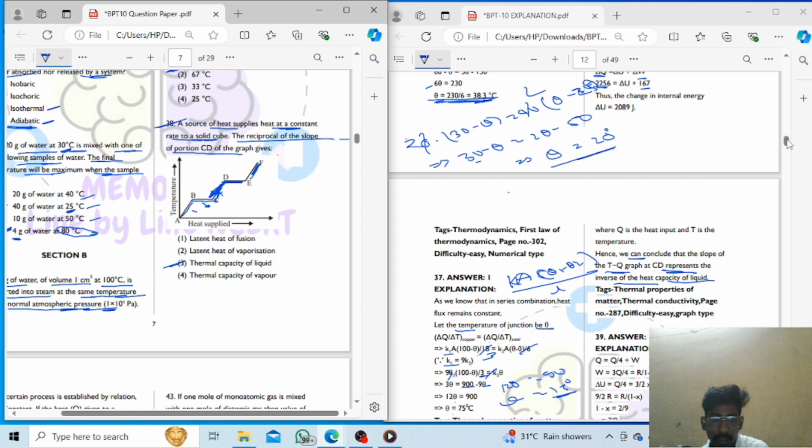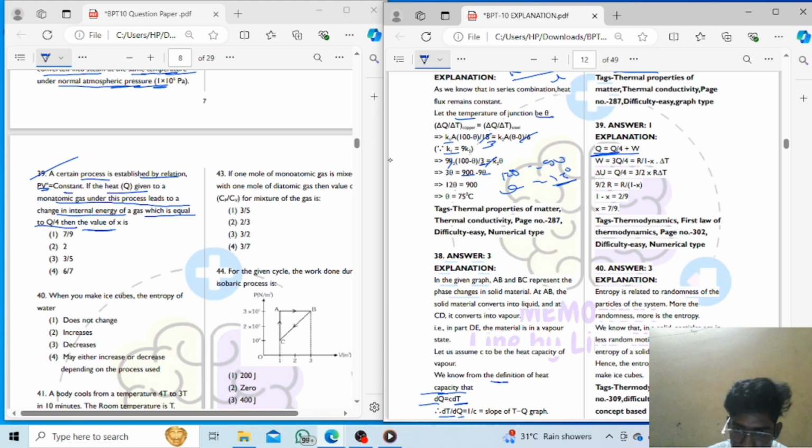Therefore, if you put this in the equation, W will become 3Q by 4. Okay, it will become 3Q by 4, right?